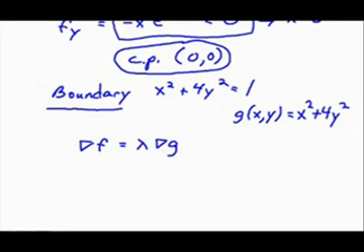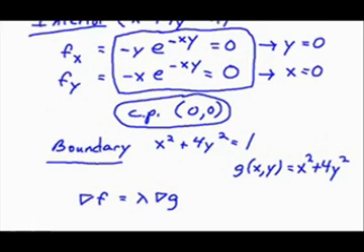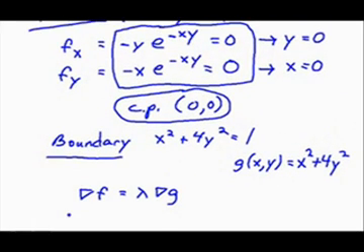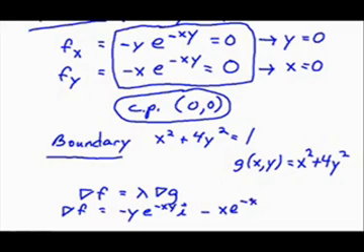So all I need to do is find ∇f. I know the partials of f, so ∇f = -y e^(-xy) i minus x e^(-xy) j.